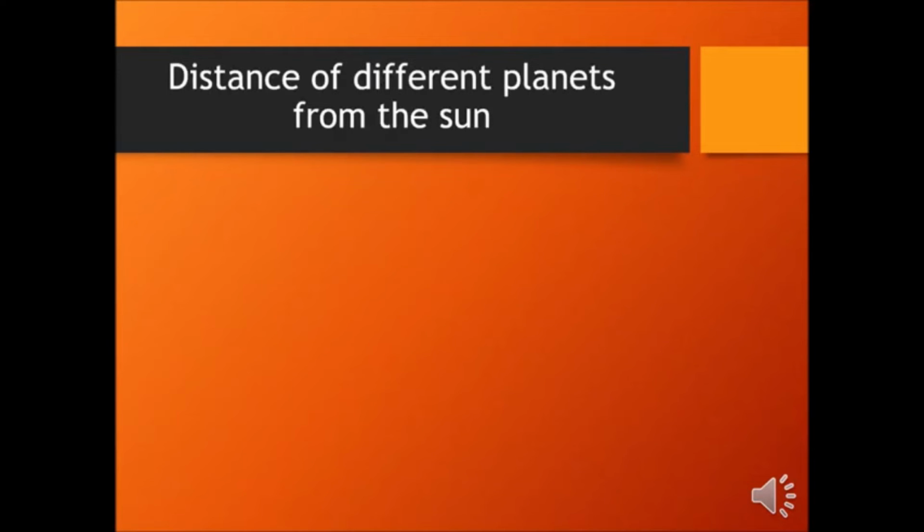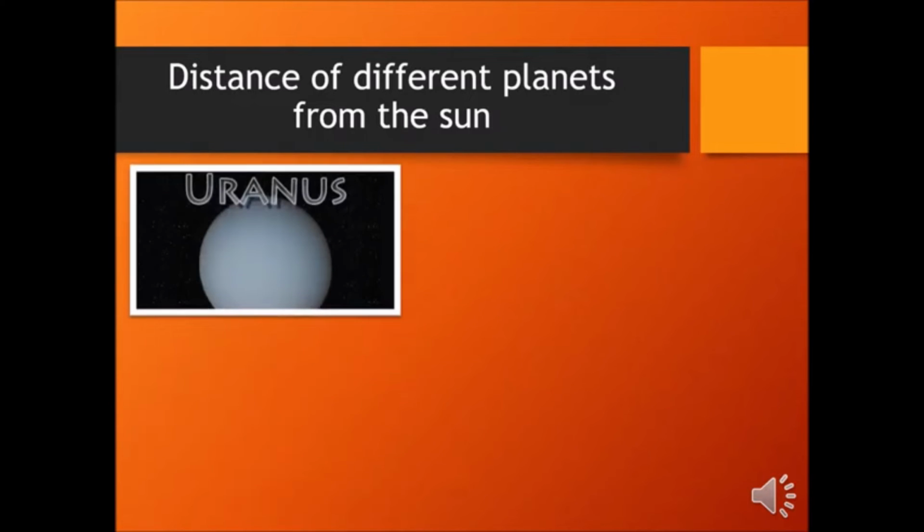At this point, let's identify the distance of different planets from the Sun. Be able to read the numbers correctly. Let's start with the planet Uranus. How far is Uranus from the Sun?